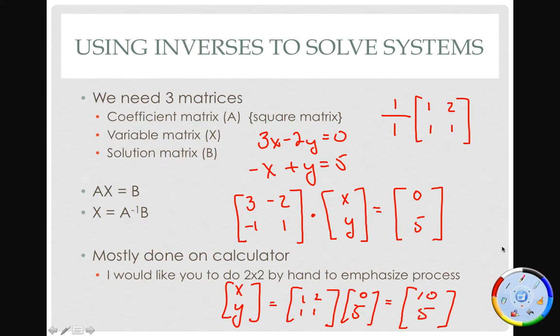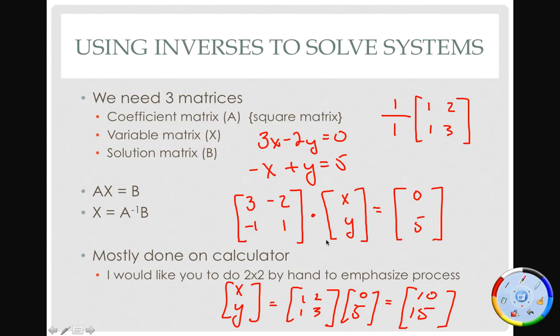Oops, where'd my 3 go? Ah, that's what's wrong. I lost my 3. That's supposed to be a 3. Okay, 3, 3. I thought I had too many 1s there. That makes 15. Got it. All right, so we could do this and find that x is 10 and y is 15.